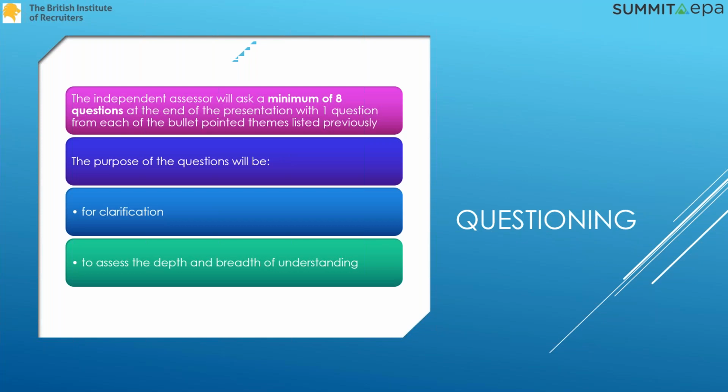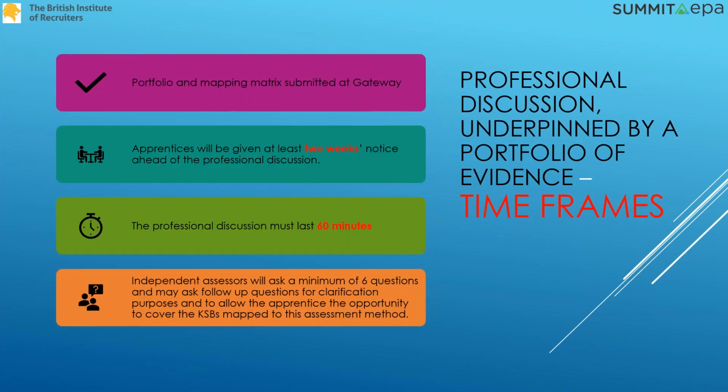The next assessment method, once the learner has gone through Gateway, will be the professional discussion. Now, the professional discussion is underpinned by a portfolio of evidence, and these are some of the time frames we have to be aware of. As mentioned previously, the portfolio and mapping matrix will be submitted at Gateway.